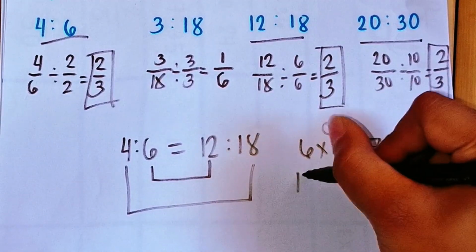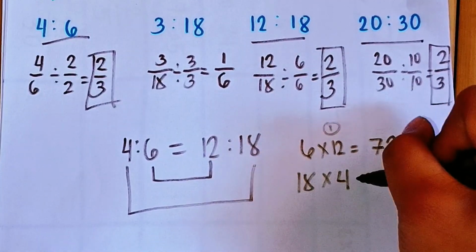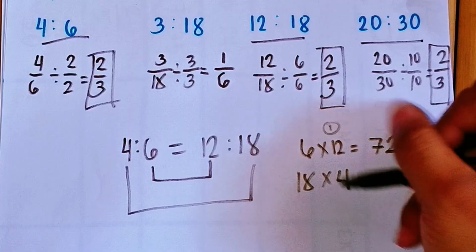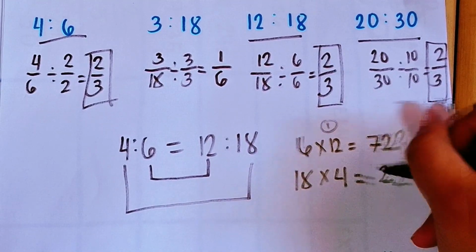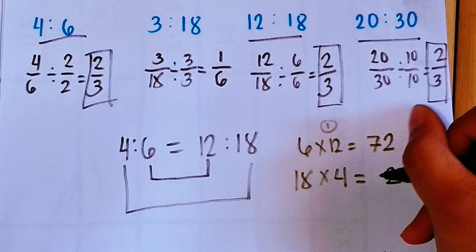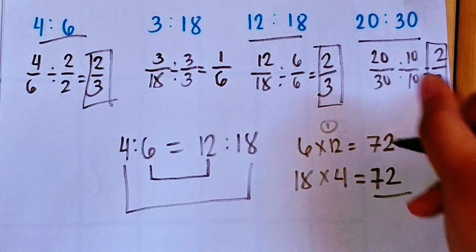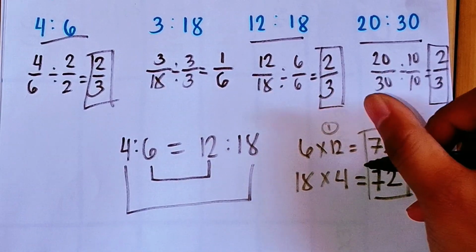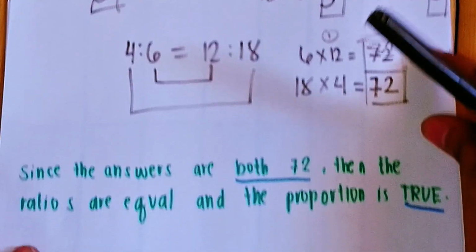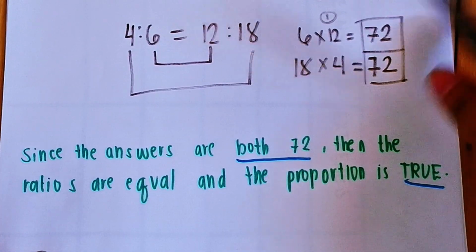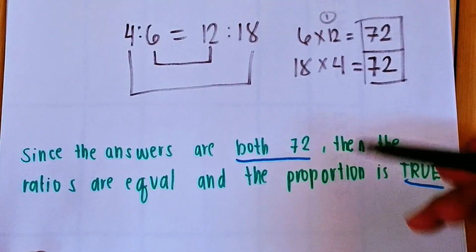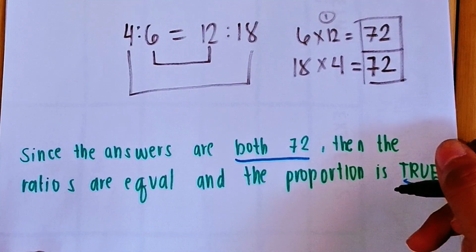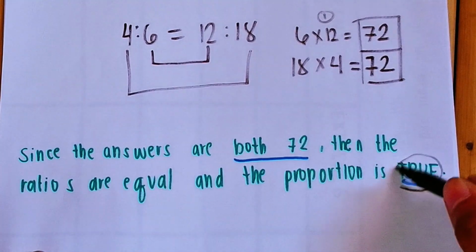While 18 times 4 is equal to 8, 16, 24, 32. Carry 3. 4 plus 3 is 7. So they have the same answer. Meaning to say, since the answers are both 72, then the ratios are equal and the proportion is true.